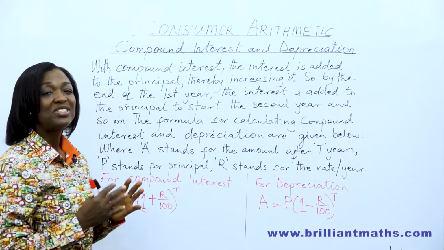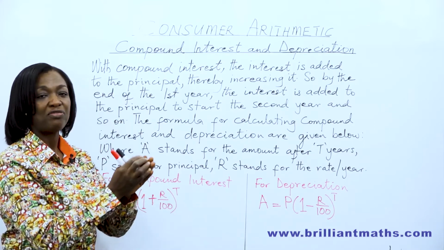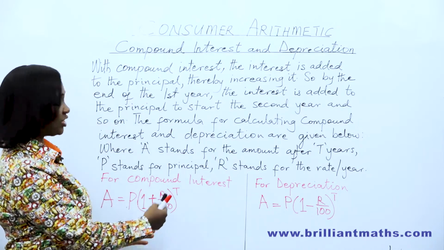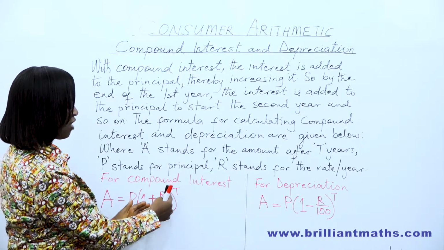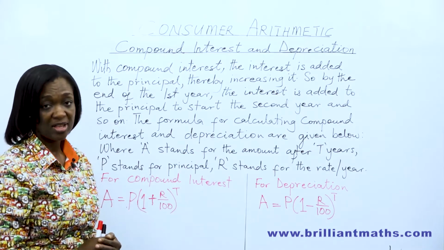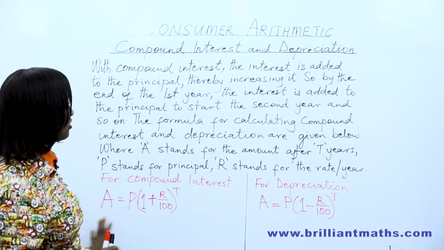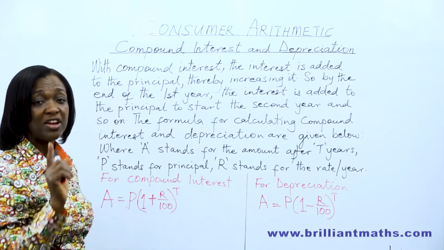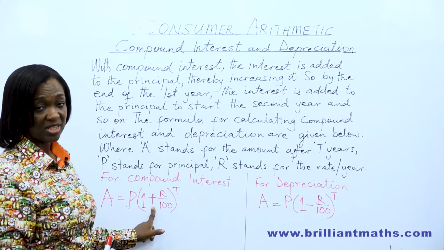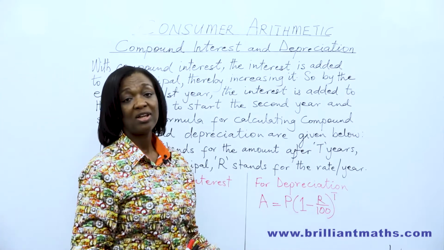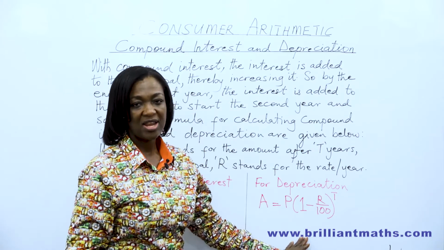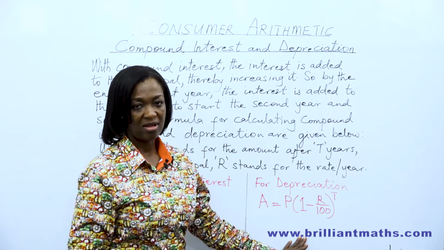The 1 represents the fact that you had that amount for the first year, but every year, it is added. So that's why we have 1 plus R over 100 to the power T, where T is the number of years. But for depreciation, you have the same formula, but the difference is in compound interest we're adding, it is increasing, but in depreciation, we're subtracting because it is depreciating. The amount is getting smaller.